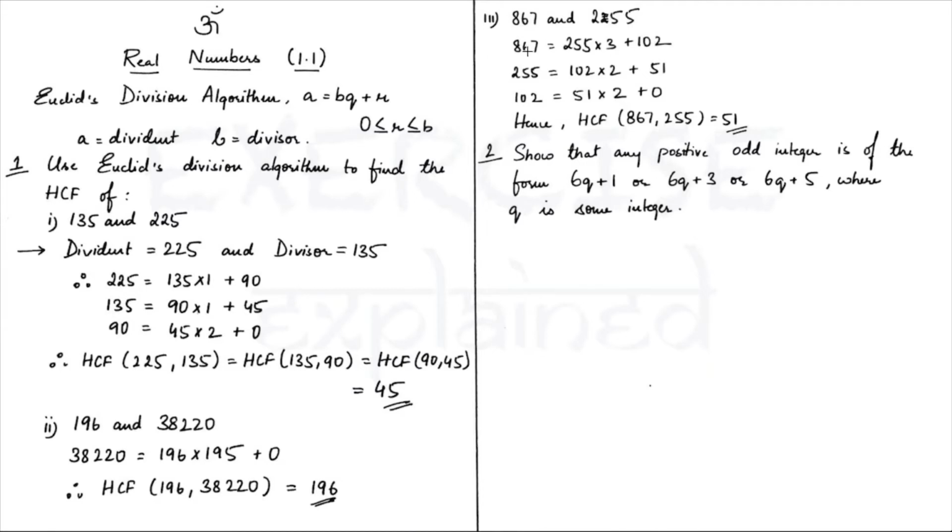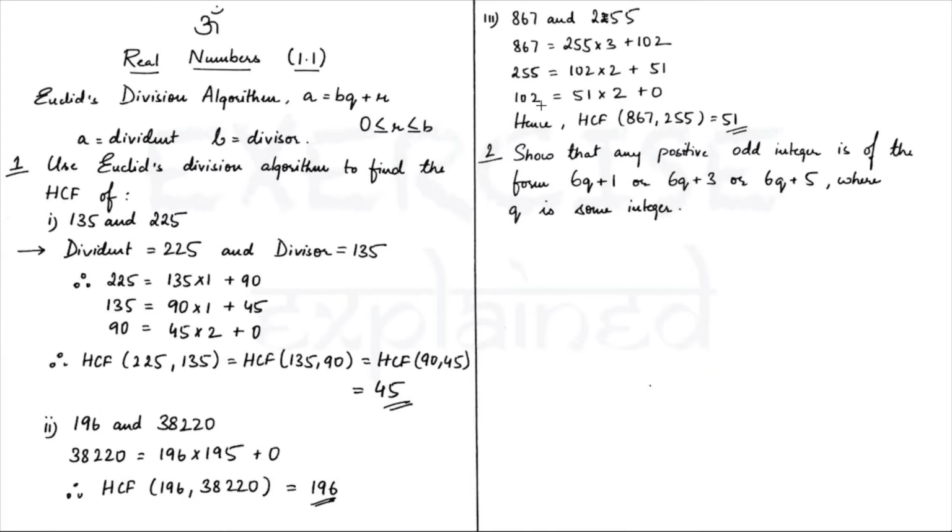So we write 867 is equal to 255 into 3 plus 102. Now this divisor becomes the dividend and this remainder becomes the divisor. So 255 is equal to 102 into 2 plus 51, as 102 into 2 gives us 204. So if we subtract 204 from 255, we get 51.